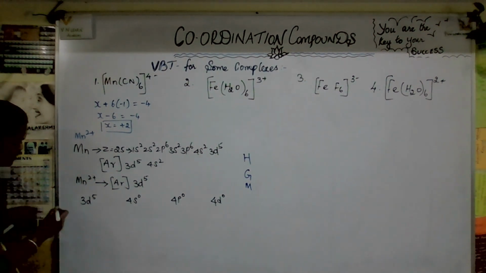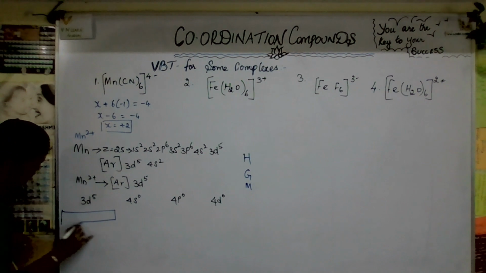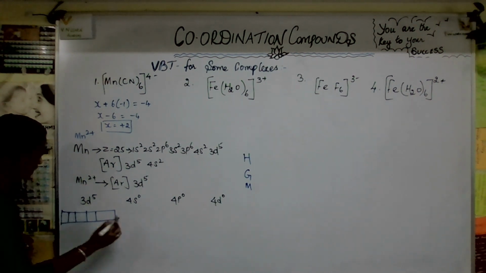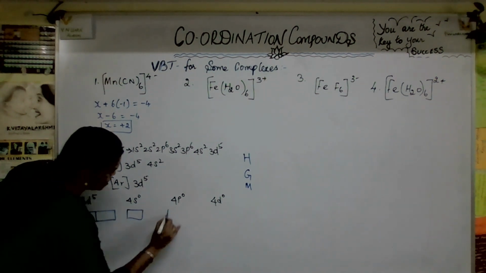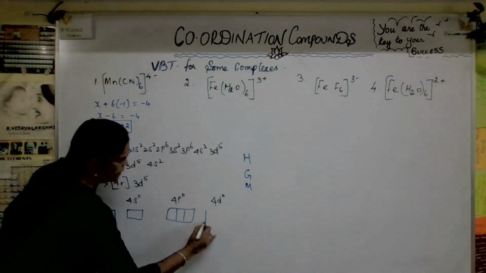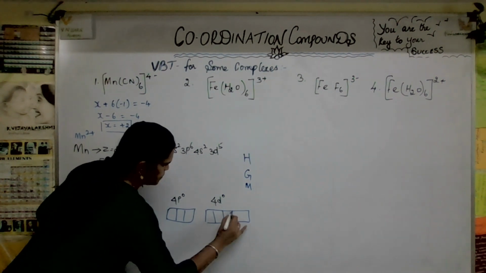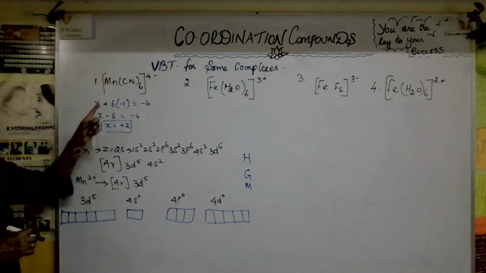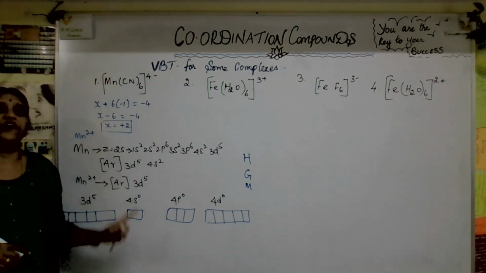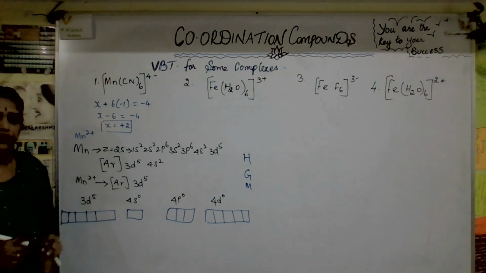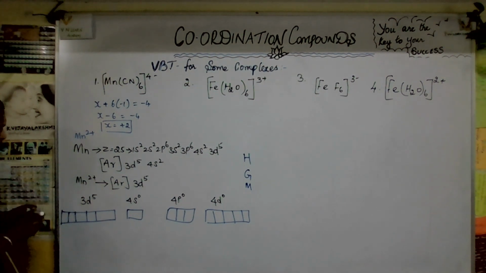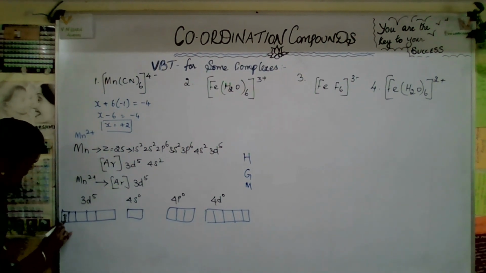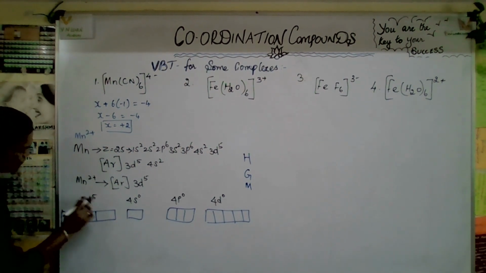First, the 3d orbitals will be there: 1 2 3 4, and here 3, and here 5. Now let us fill the electrons here. Can the ligand pair up or not? CN is a strong field ligand, so it can pair up. There are 5 electrons: 1, 2, 3, 4, 5.